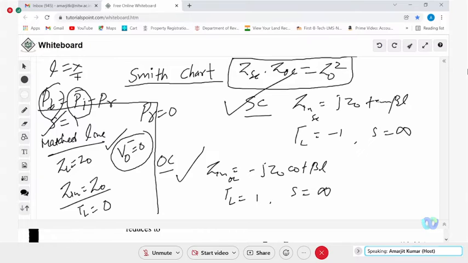For this case, what will be the input impedance? The input impedance will be equal to, you can calculate, what was the formula for Zin.